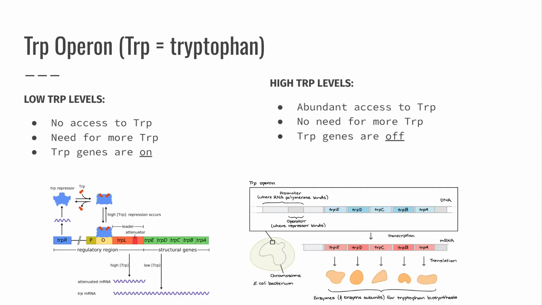At low trp levels in the cell, there's no access to tryptophan, so there's need for more tryptophan. So then the tryptophan genes will be on and transcribed. At high tryptophan levels, on the other hand, there's abundant access to tryptophan, so there isn't really a need to transcribe more. So then those tryptophan genes will be turned off and not transcribed.